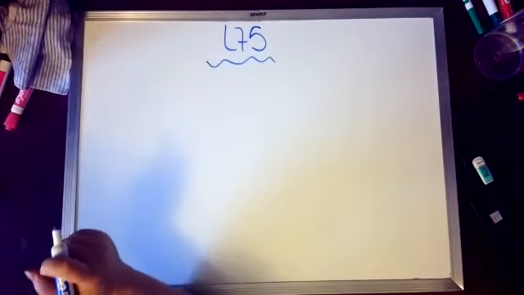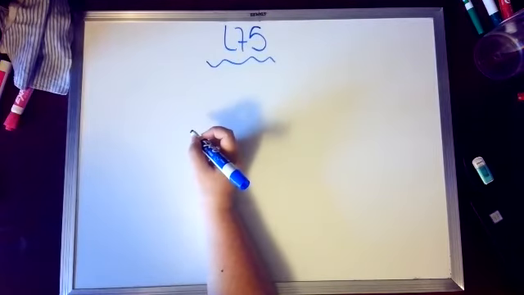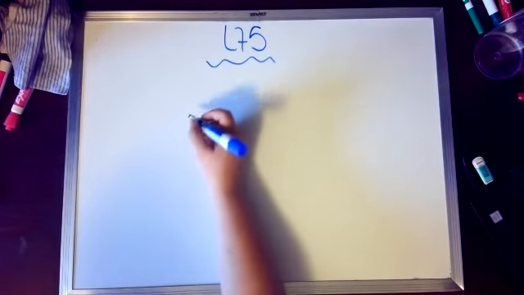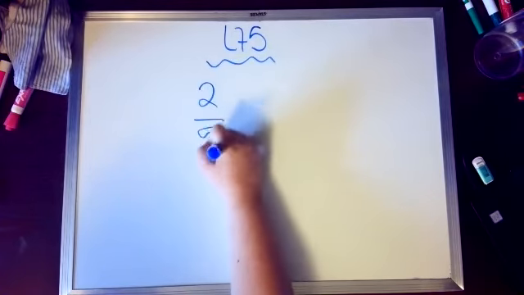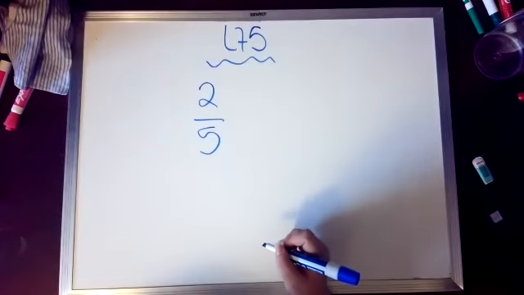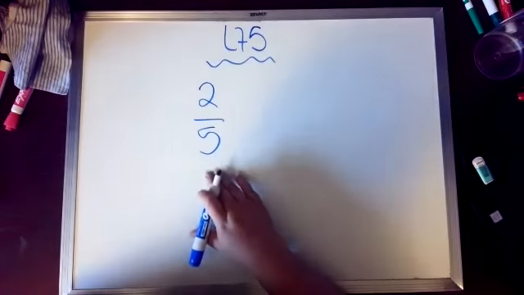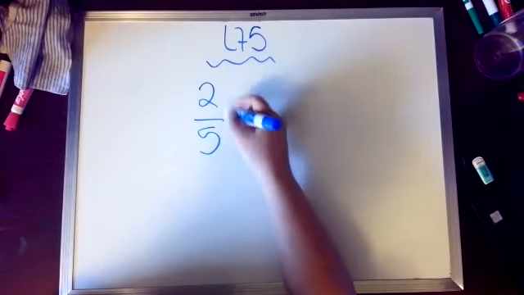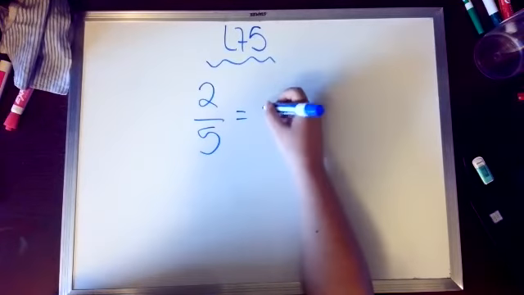Two more. If you have 2 over 5, what you're looking at is you have to make the bottom number into 100. Because this isn't a half, it's not a nice easy one I can do like that.